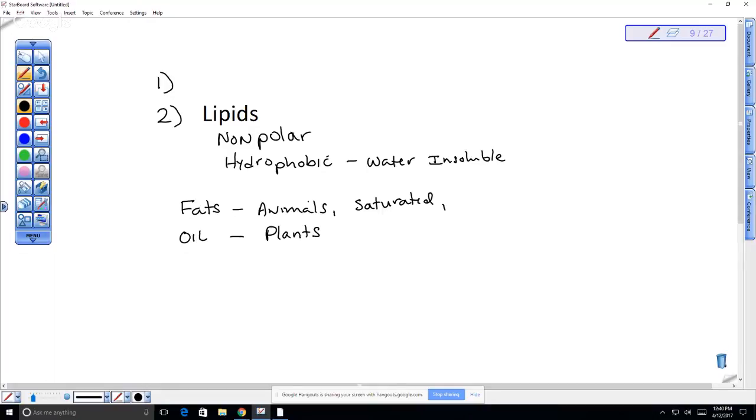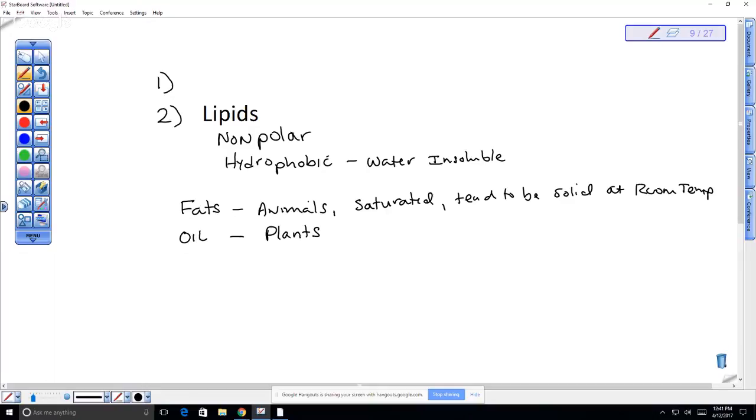They're saturated, and they also tend to be solid at room temperature. If you think about lard, Crisco, that is a saturated fat.